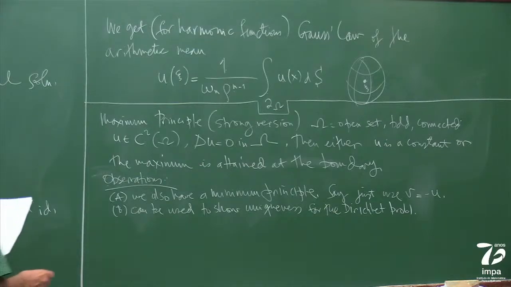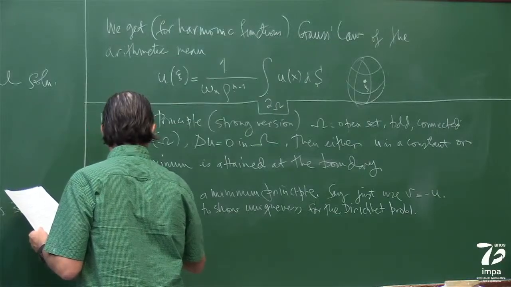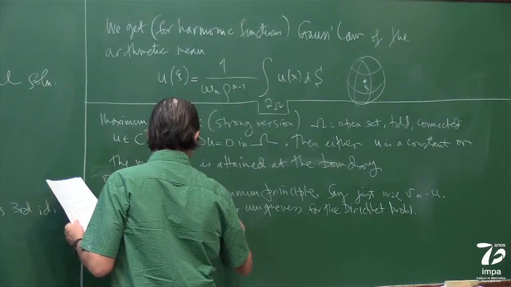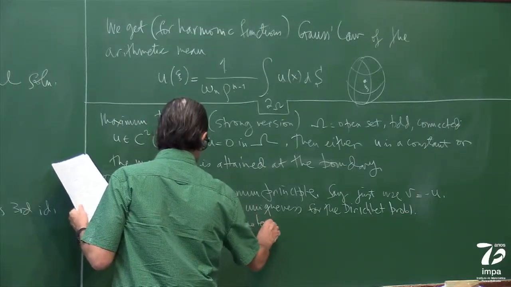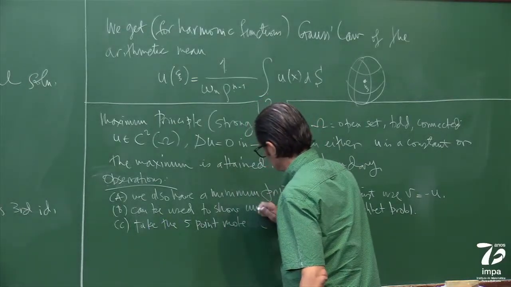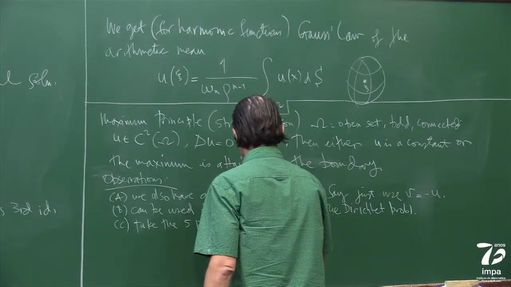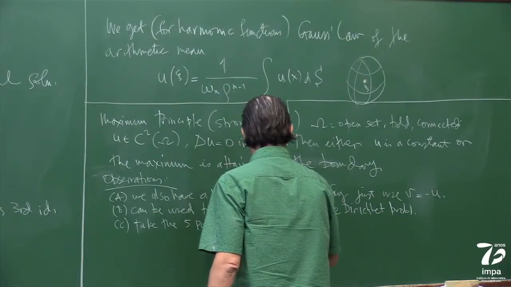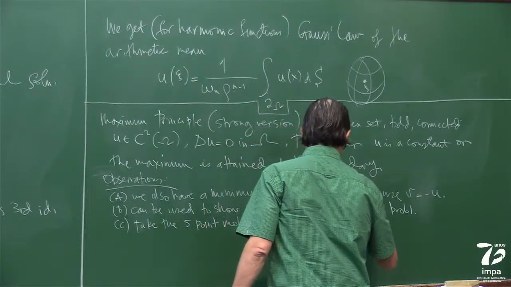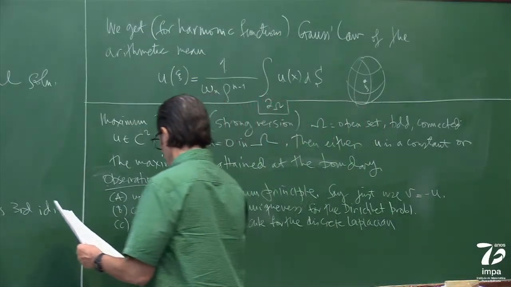And then another fact, and to gather up, is that I think I mentioned this, take the 5-point molecule, as we call it in numerics, for the discrete Laplacian. So the 5-point molecule, what I mean is this.